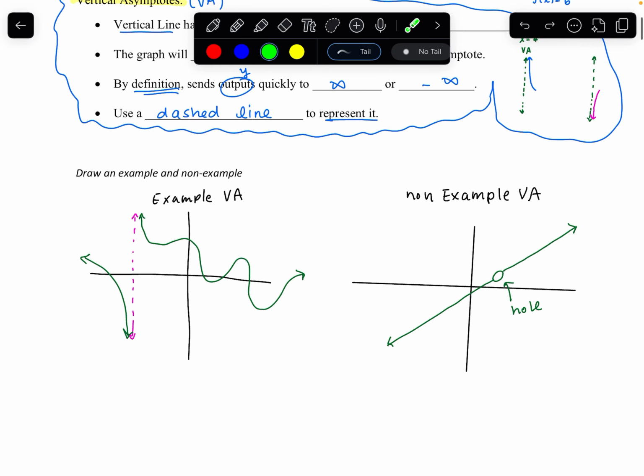I wanted to revisit these examples because we do have an example of two graphs where there is a value that is not in the domain. So for example, maybe this is like -3, and then maybe there's a value not equal to +2.